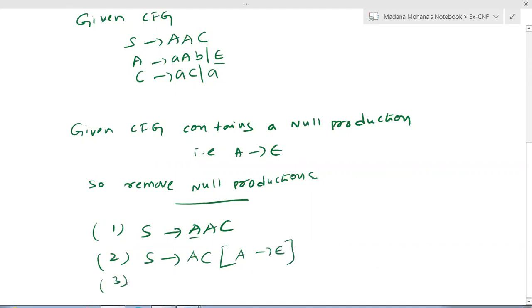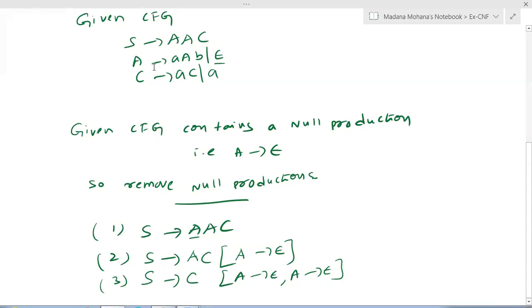Then if you substitute the second A as null, again you will get AC only, but you can take only one production at a time. There are no repetitions. Now if both A's are substituted as null, you will get C. Here we substituted A derives epsilon two times, in both A's. Now we got C. These are all the resultant S productions.